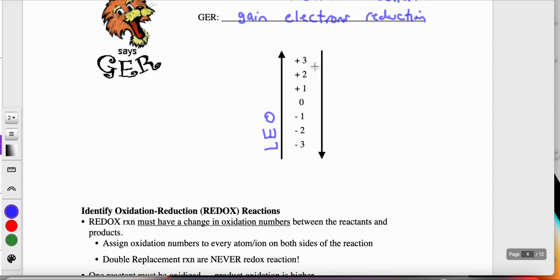If you start anywhere on the ladder and move down to a lower position, you are going through a GER process. I find this little ladder helpful in thinking through these processes.